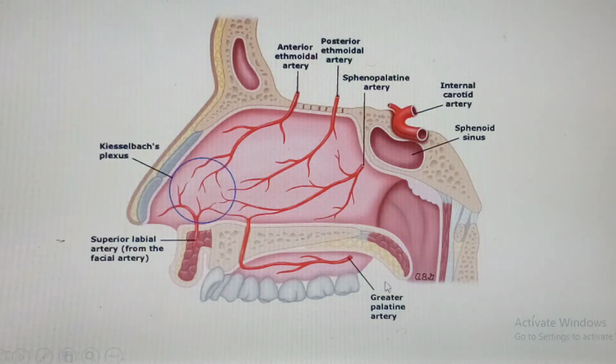Then from the palate, we have the greater palatine artery, which will go through the nasopalatine foramen, also coming over here. And then we also have the sphenoid. The blood vessel moves all the way from the sphenoid bone, also coming across the palatine bone, so that's why I call it the sphenopalatine artery. All these 5 blood vessels are anastomosing over here in this little area. That is why this area is prone to epistaxis.